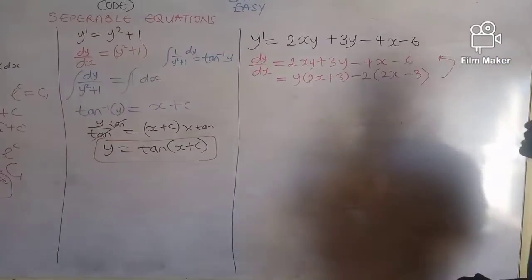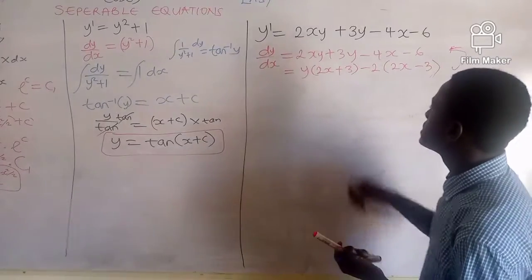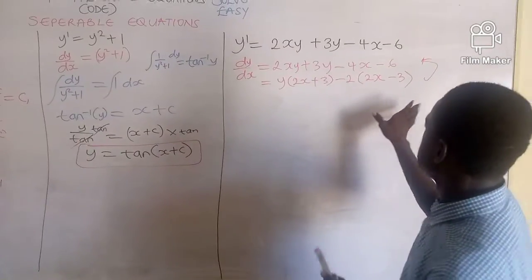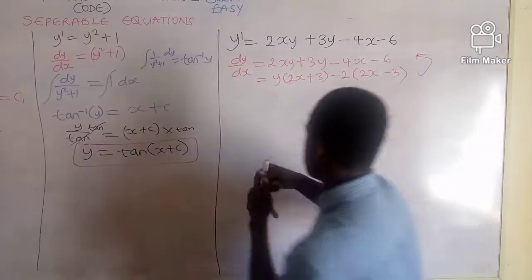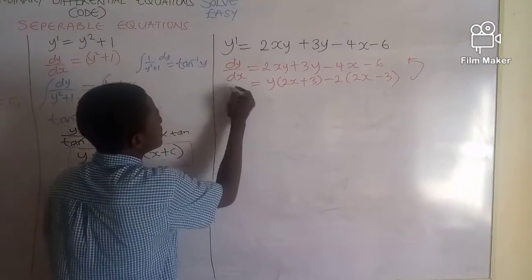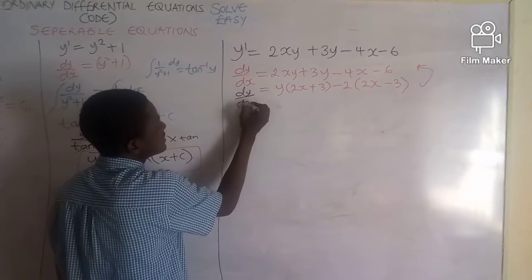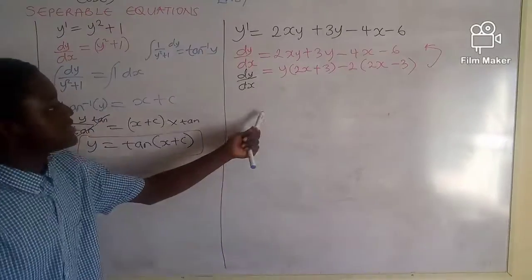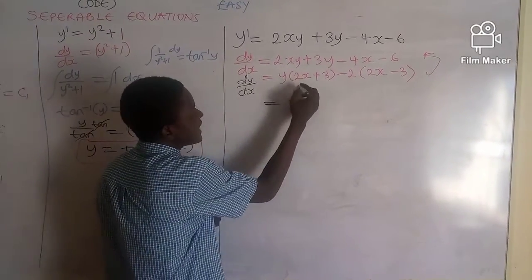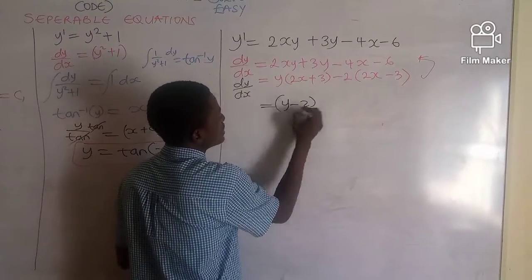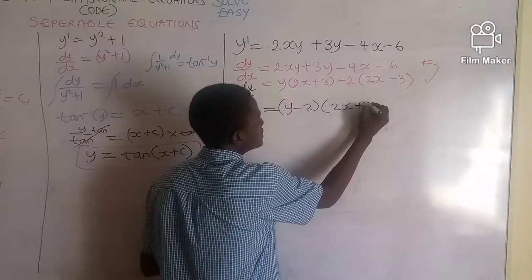Though multiplying everything into the bracket, we'll get back to this. Now from here we separate this by taking the dy/dx we have here. We'll separate this side as y minus 2 times 2x plus 3.